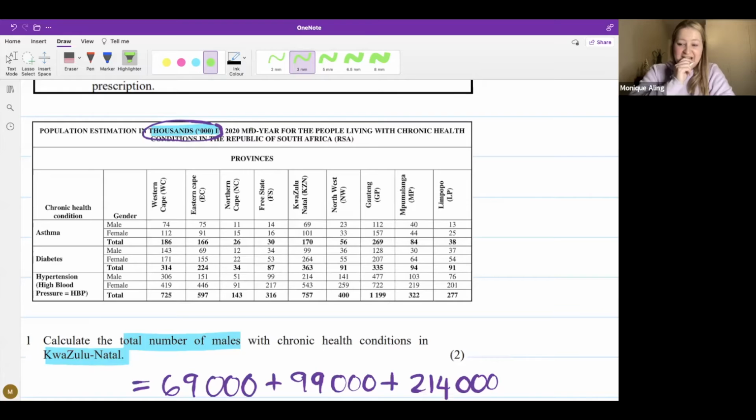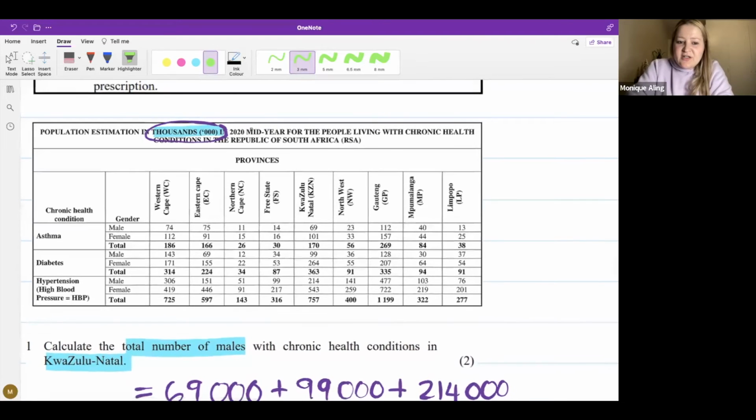Hi, ma'am. I got onto 72.70%. Okay, and how did you get that? What did you do? I took the diabetic female and I divided it by the total amount.